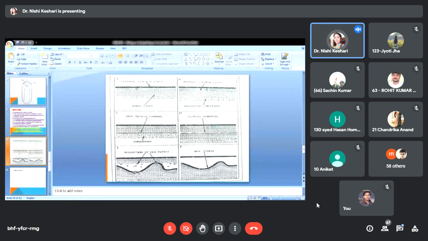This cuticle is very hard, so to accommodate the growth, the old cuticle has to be shed off because it is not flexible. To adjust to body growth, a new cuticle is formed, which is larger than the old cuticle. So what happens when it reaches physiological maturity?